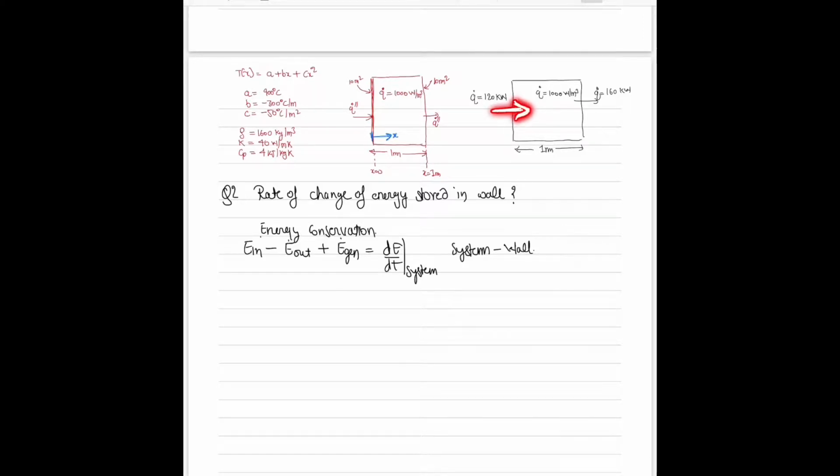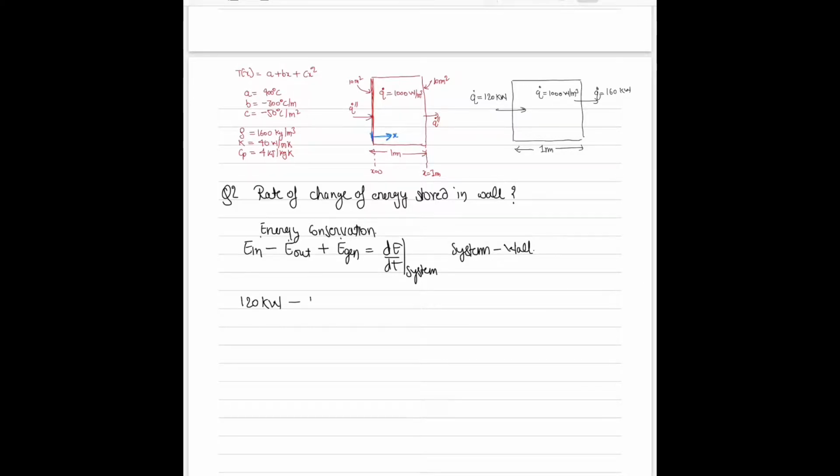Now, as you can see in this figure, we have energy in as 120 kilowatt and energy out as 160 kilowatt.